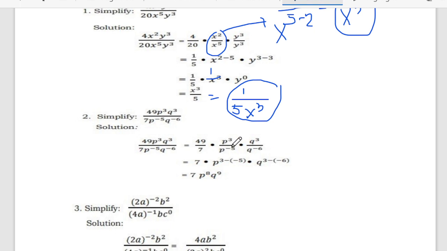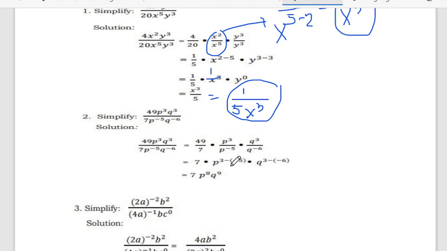So applying again m and n, this will become 3 minus the negative of 5. So may negative pa. Then sa q naman is times q raised to the 3rd power minus, again, the negative of 6 kasi may negative ang 6.